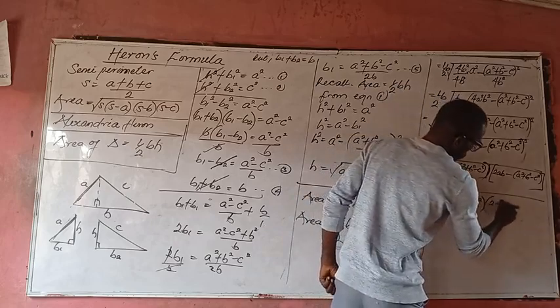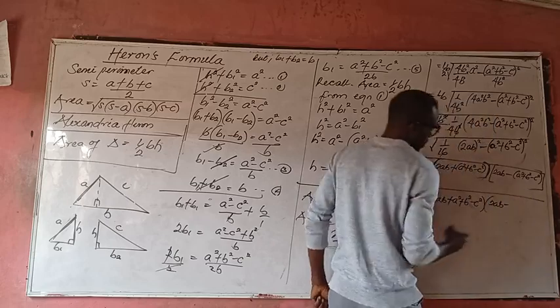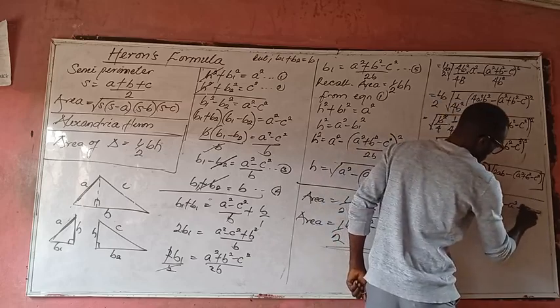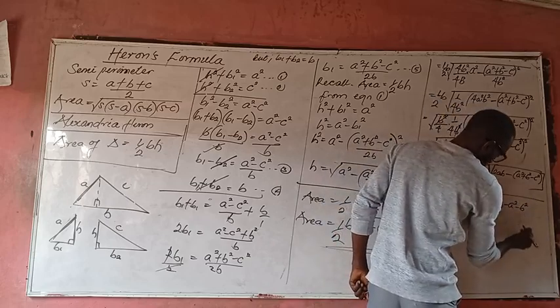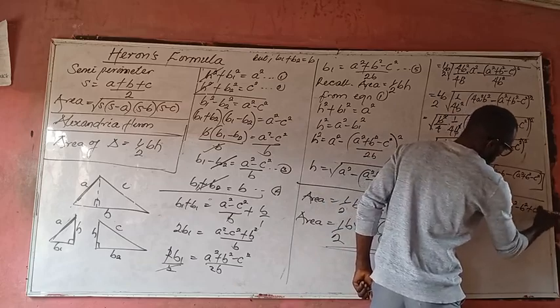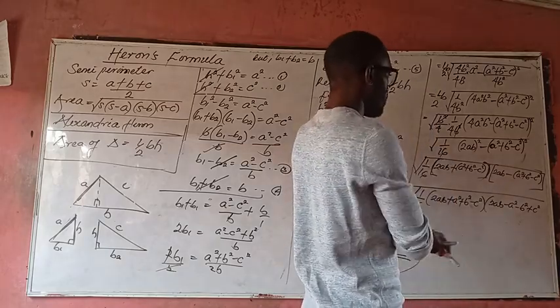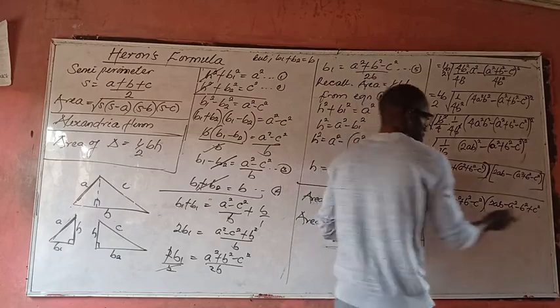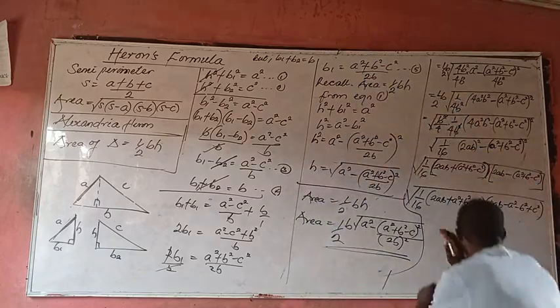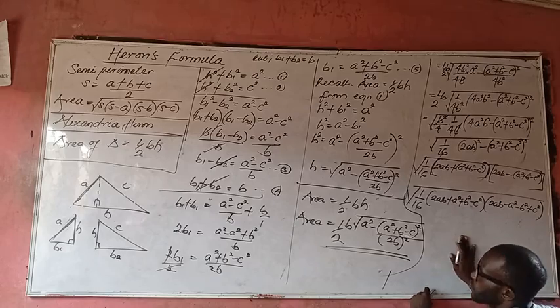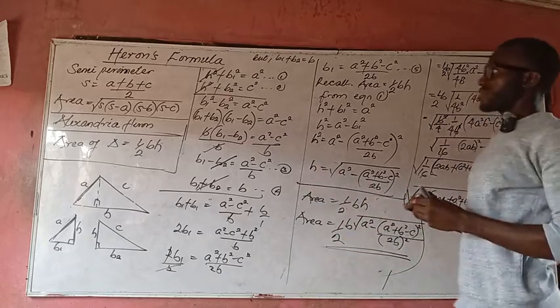Multiplied by 2ab, open this bracket, minus a squared minus b squared plus c squared. Okay? Now look at what I'll do. So as it is like this, let's bring it here.